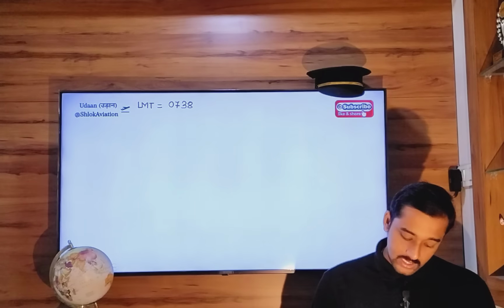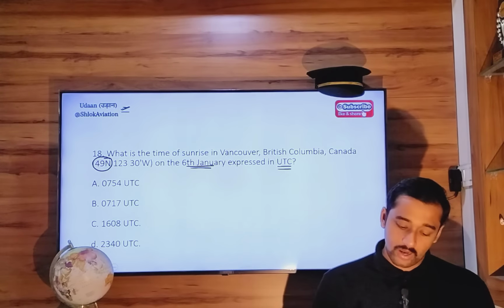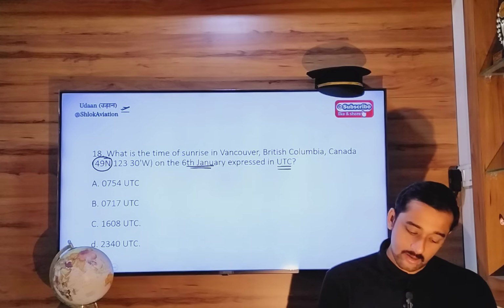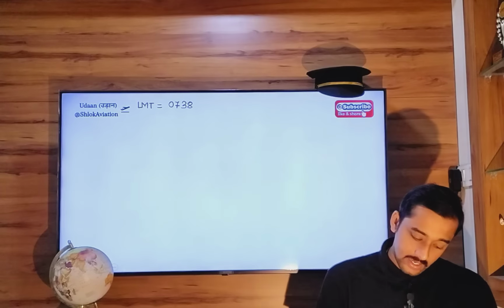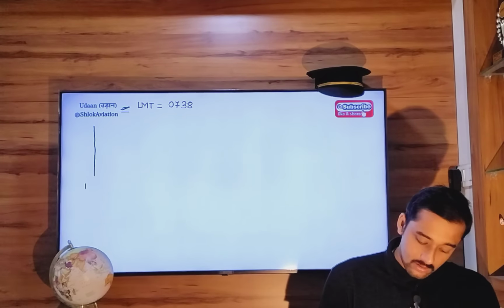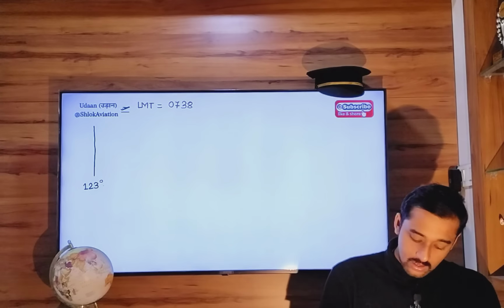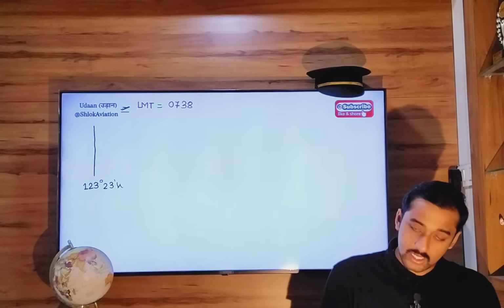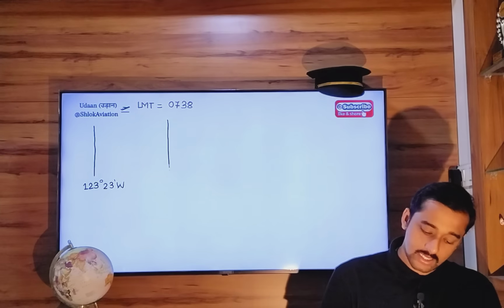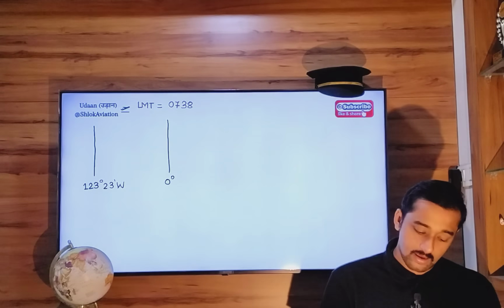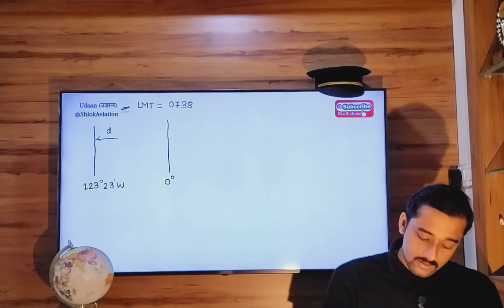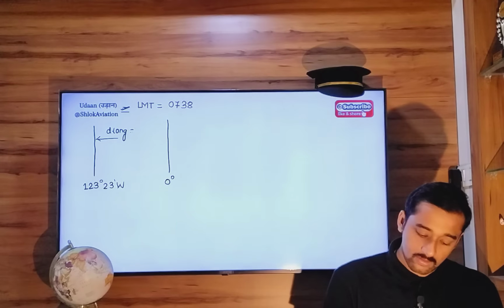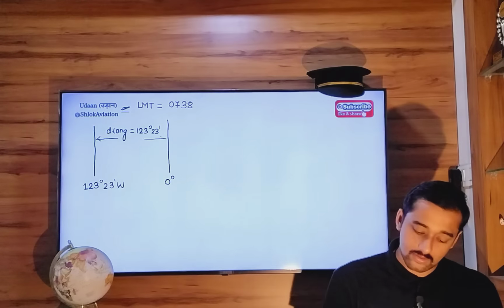The two longitudes given to us are, one is 123°, 23 minutes west longitude, and the second one is 0° prime meridian. Now D long is equal to 123°, 23 minutes, right?